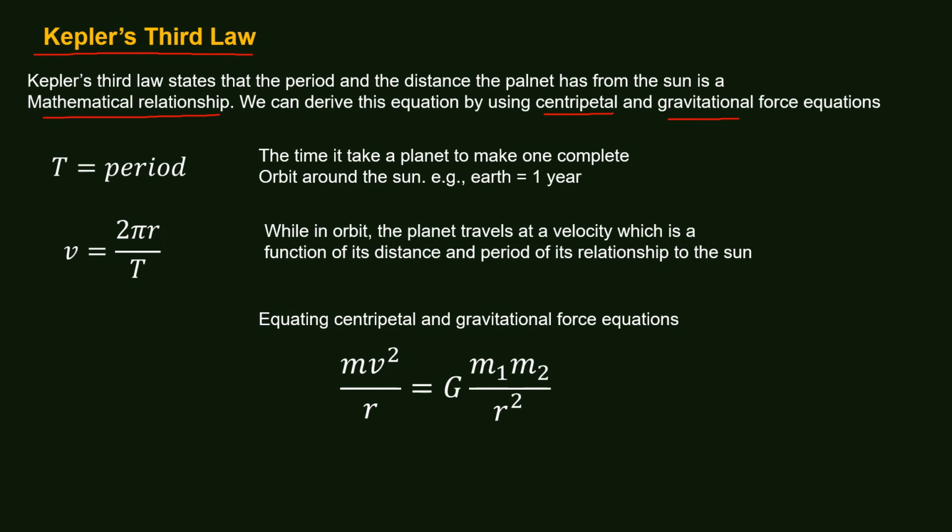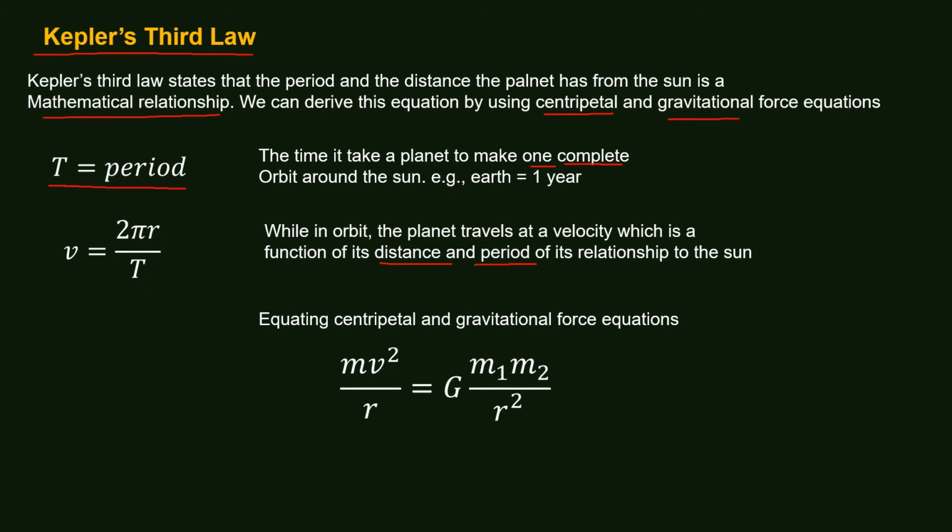Okay, so going back to the period, capital T represents the period of a planet, which is in seconds. It's the time it takes to make one complete orbit around the sun. In our case, that's a year, so that is a period. While in orbit, the planet travels at a velocity which is a function of its distance and period in relationship to the sun.